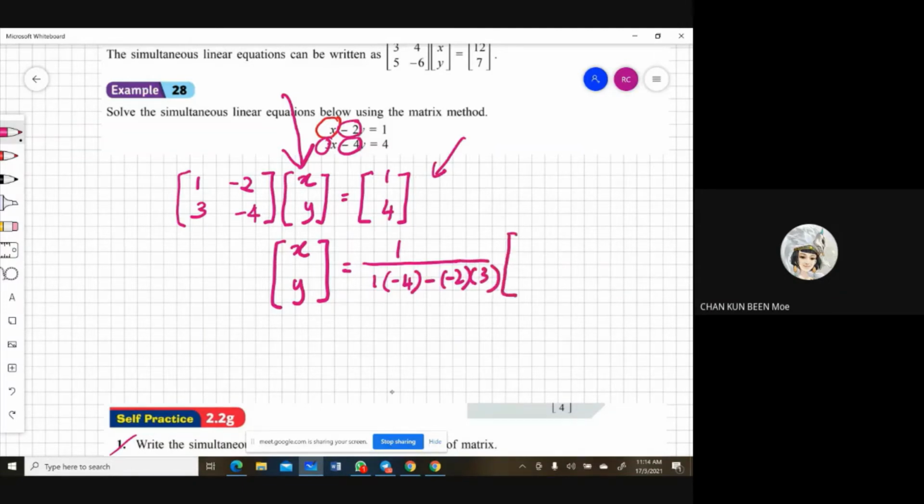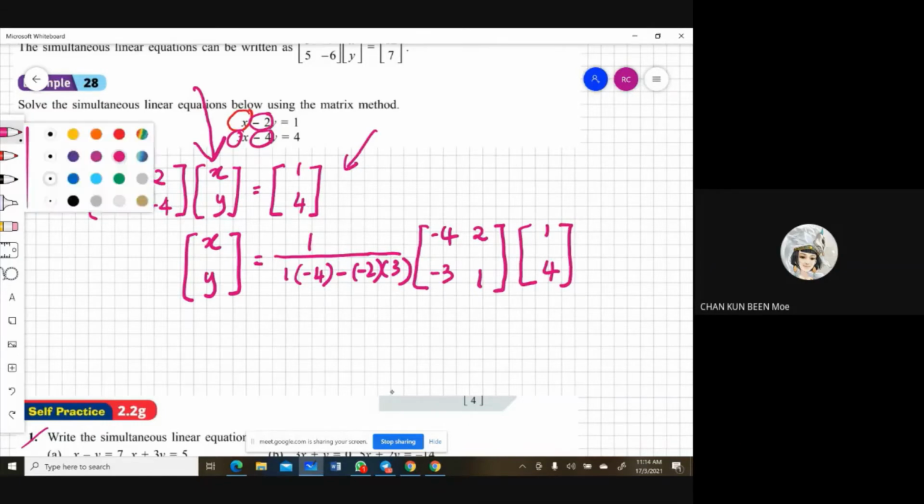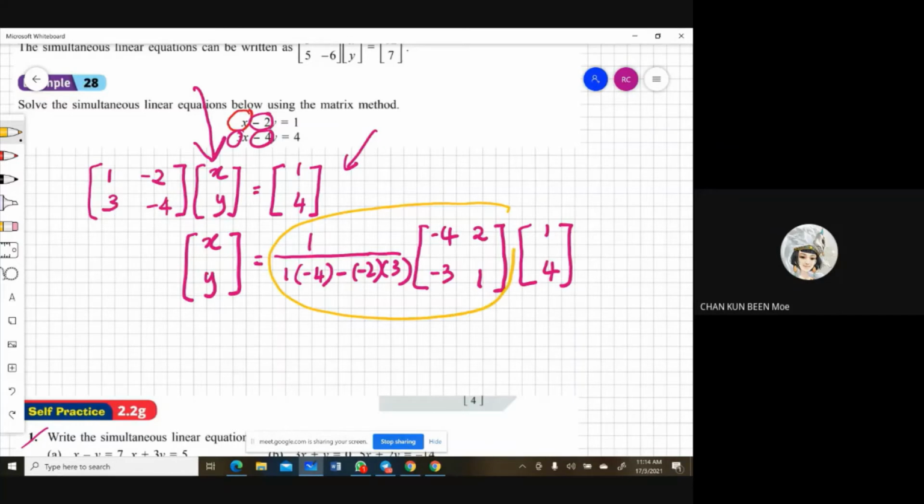Okay, and then exchange the position of 1 and negative 4. This becomes positive 2 and this becomes negative 3. Lastly, copy down the 1 and 4. Bear in mind, this formula must come first before the matrix that is written. You cannot put it at the back. If you put it at the back, the answer won't be the same anymore.